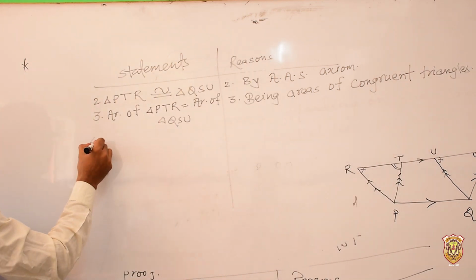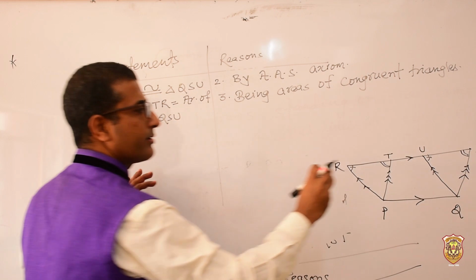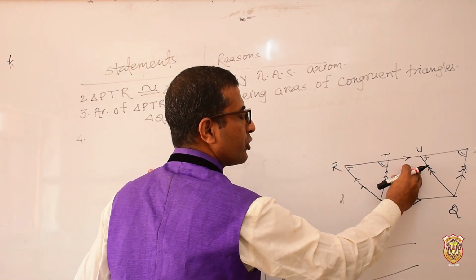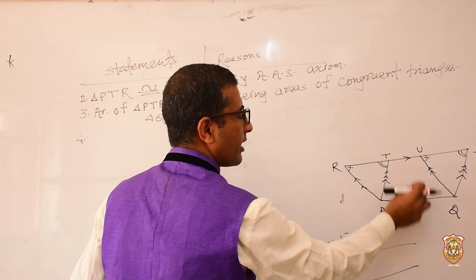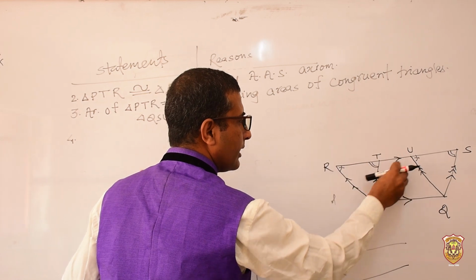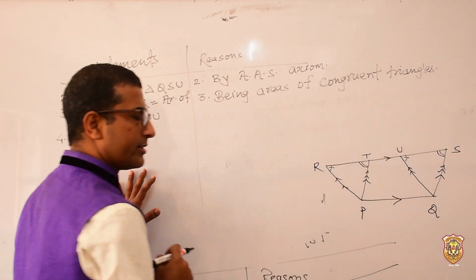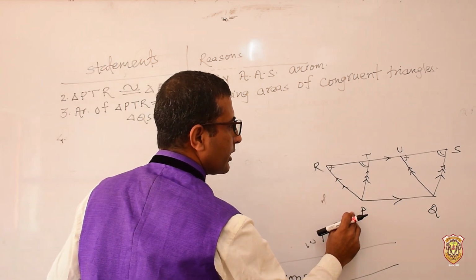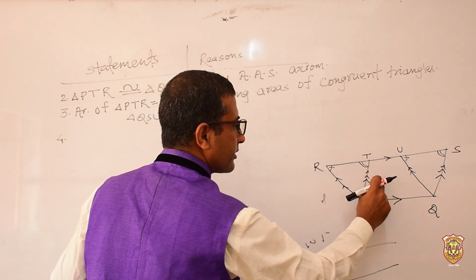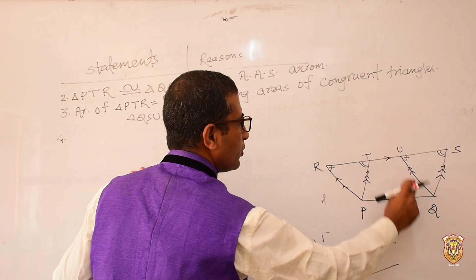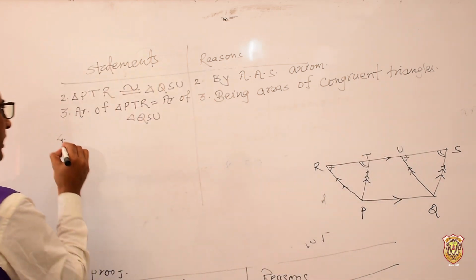Now finally, in this figure, you can see that's a trapezium because these two sides are parallel. So adding this common part to both of these triangles, we will get to our result. It means this trapezium, PQUT.